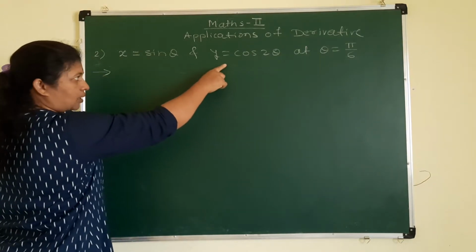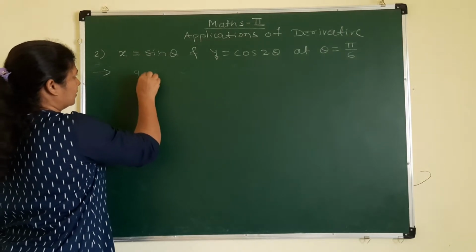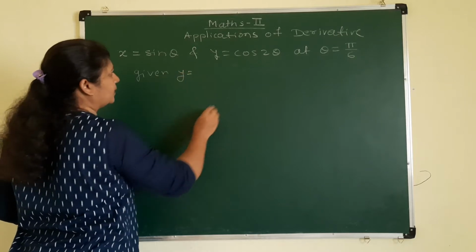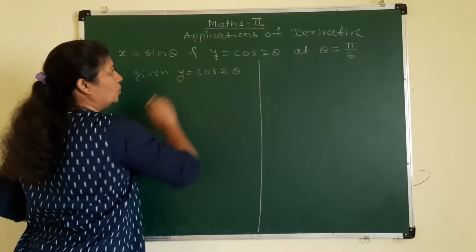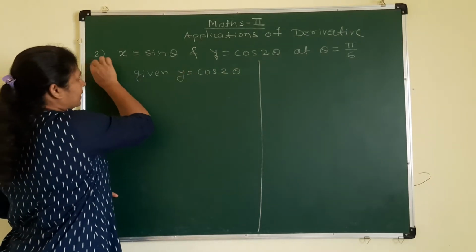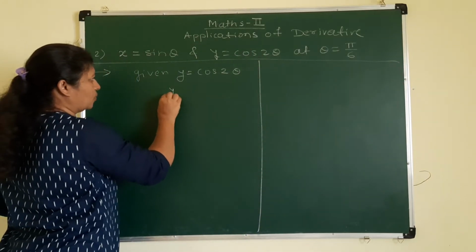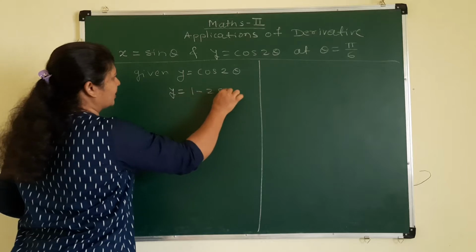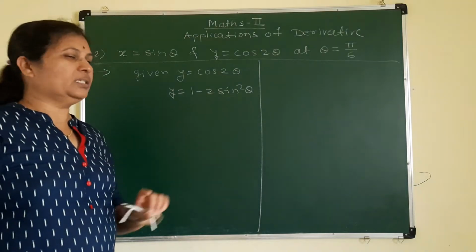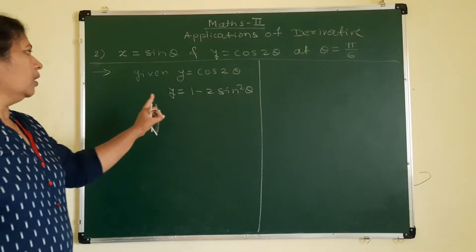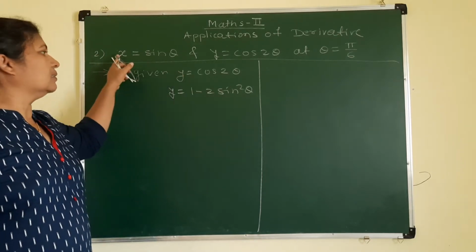Here it is possible to write y in terms of x. Given that y is equal to cos of 2 theta, I know the formula: cos 2 theta is equal to 1 minus 2 sin square theta. So this cos 2 theta is converted into sin theta, and sin theta is nothing but x.